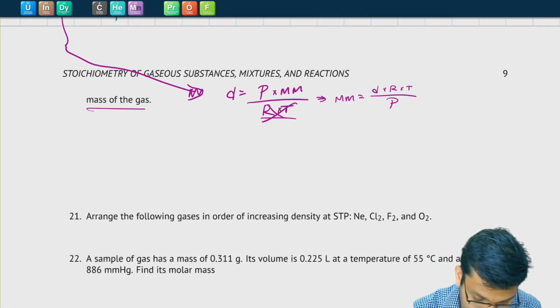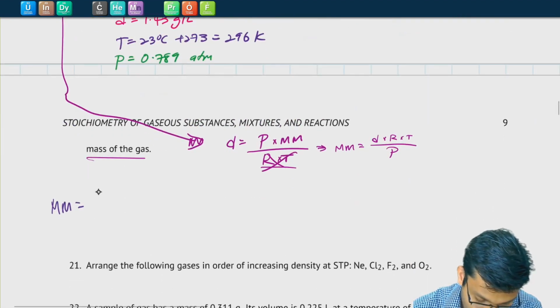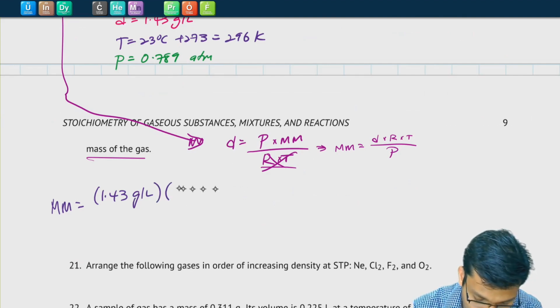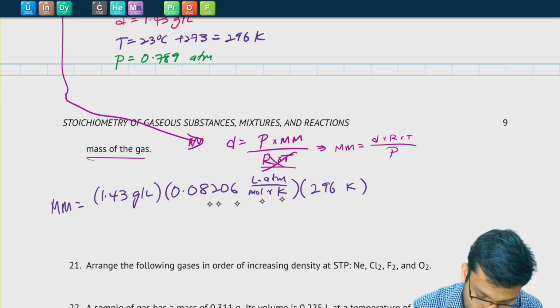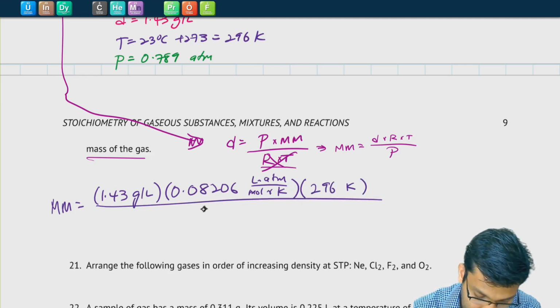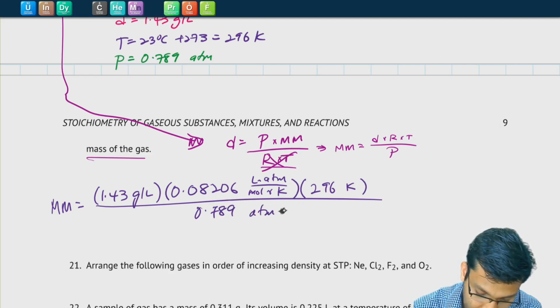So let's do that. So the molar mass is the density, which is 1.43 grams over liters, times R, 0.08206 liters times atmospheres divided by moles times Kelvin, times the temperature in Kelvins, that's 296 Kelvins, all divided by the pressure, which is 0.789 atmospheres.